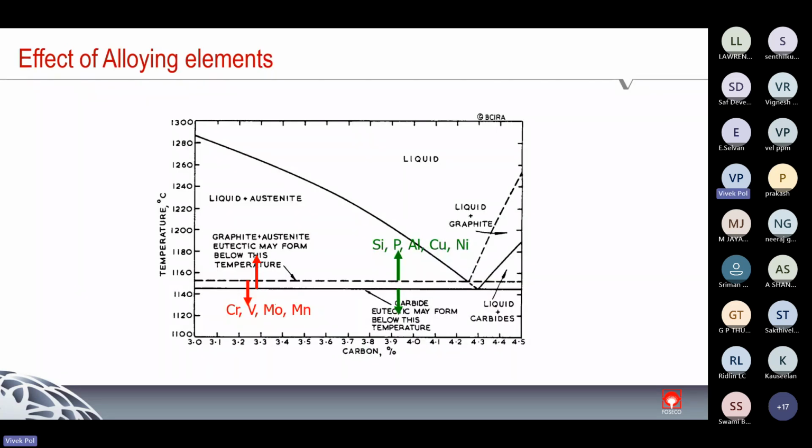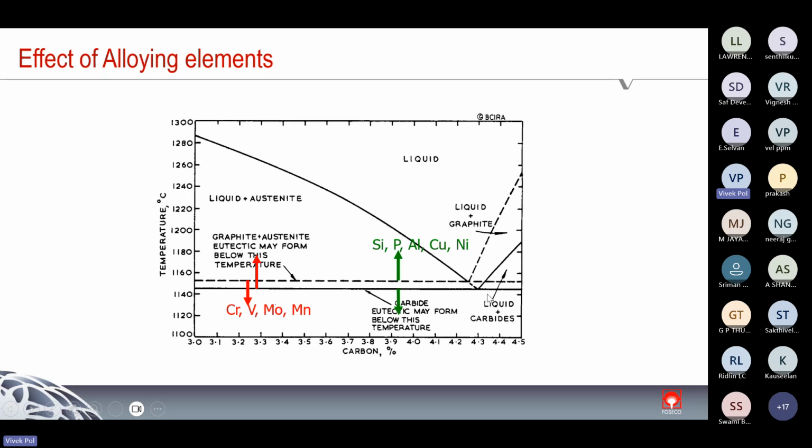Same way, we can correlate this with thermal analysis and with the iron carbon diagram. This picture is one section from the iron carbon diagram. We know this iron carbon diagram is like a dual phase diagram where this dotted line is the graphitic line and the thick line is the carbonic line.